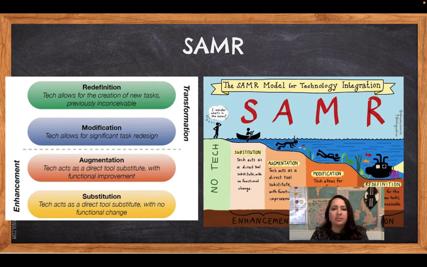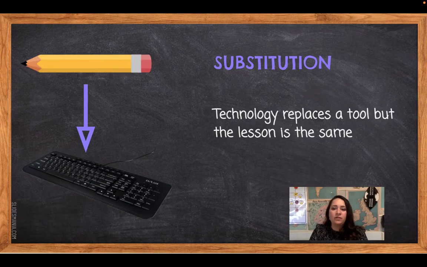Is the way that I'm using technology really changing student learning for the better? So here are a few examples. So for substitution, if you take a pencil and you use a keyboard, you're just substituting the keyboard for the pencil, but the keyboard can be doing the same thing. It's not changing instruction. If a student fills out a worksheet on paper or a student fills out a worksheet on a keyboard, it's the same. It's still a worksheet, which is a pretty low-level educational tool.